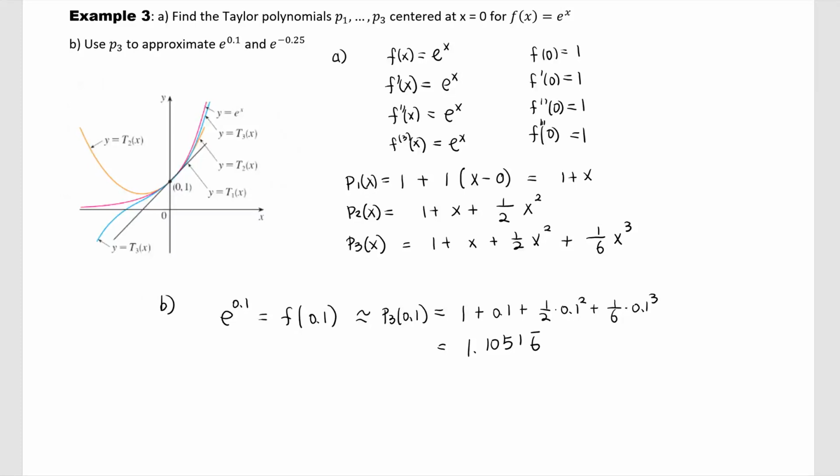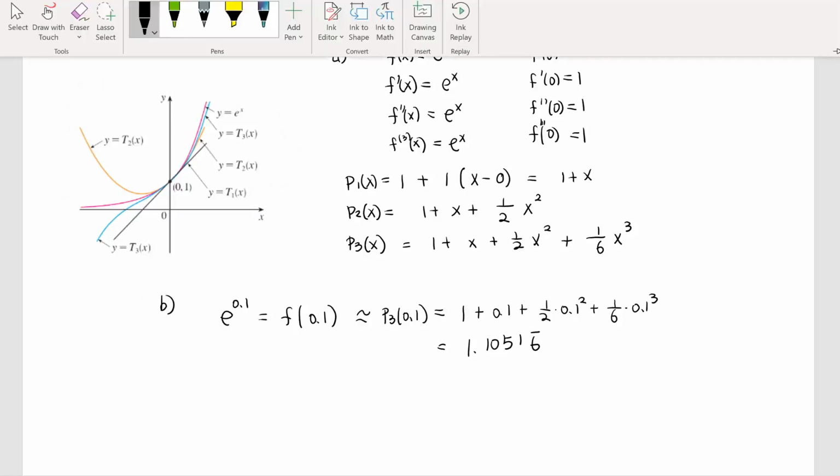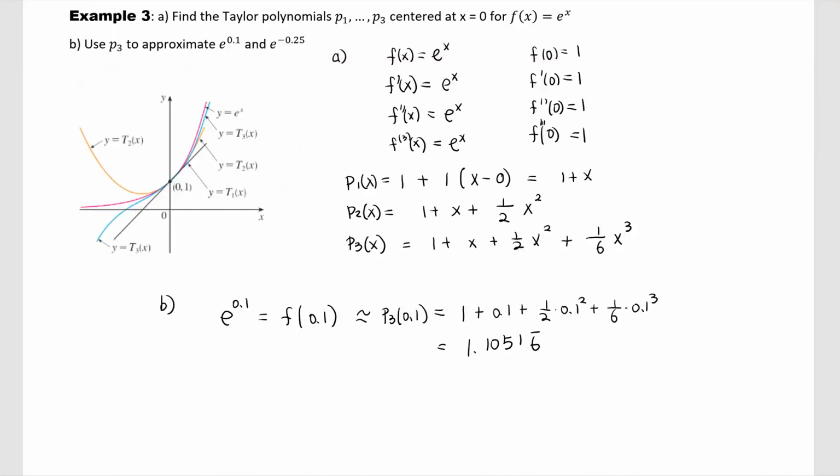Okay, and let's check our work. The good thing about problems in these sessions is we can always check our work and we have an idea whether we're doing right or wrong. So plug in our calculator e to the 0.1. Okay, let me plug it in.